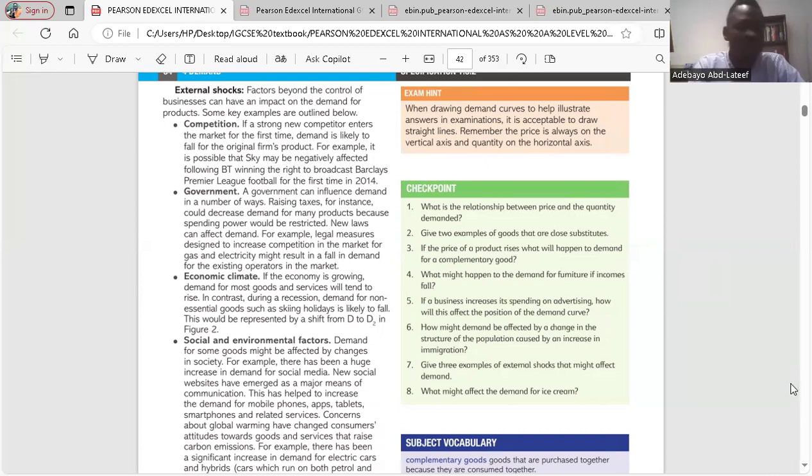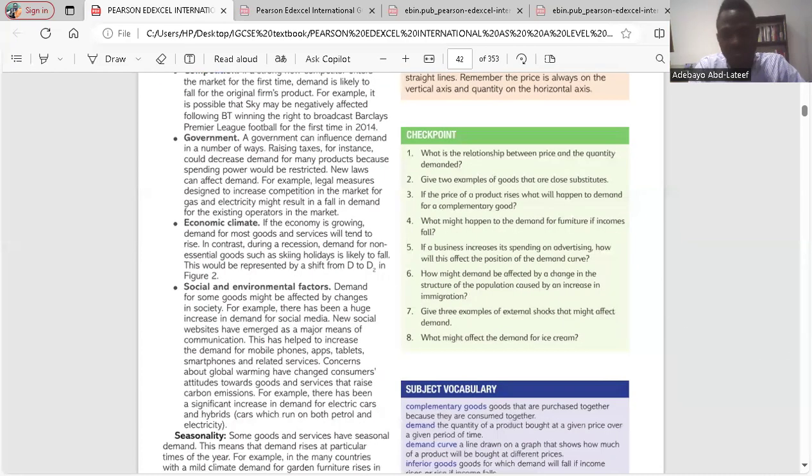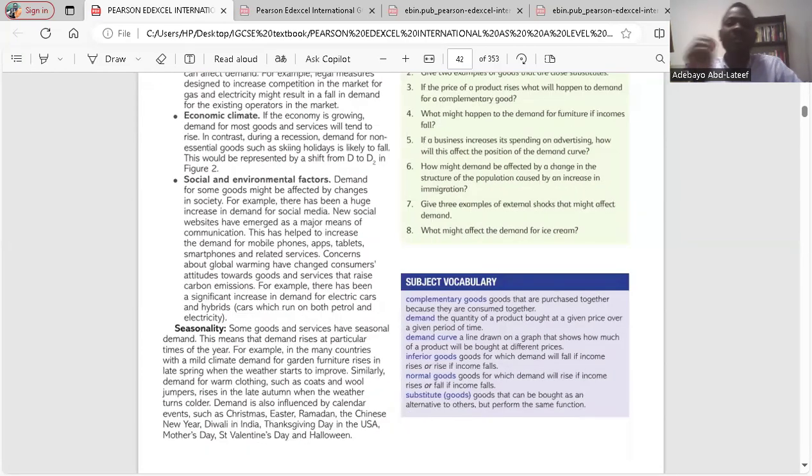Then we have social and environmental factors. For social and environmental factors, demand for some goods might be affected by changes in society. For example, there has been a huge increase in demand for social media. New social websites have emerged as a major means of communication. These have helped to increase the demand for mobile phones, apps, tablets, smartphones, and related services.